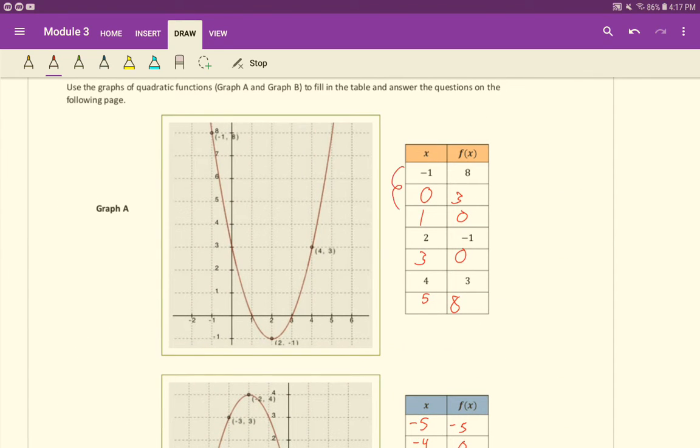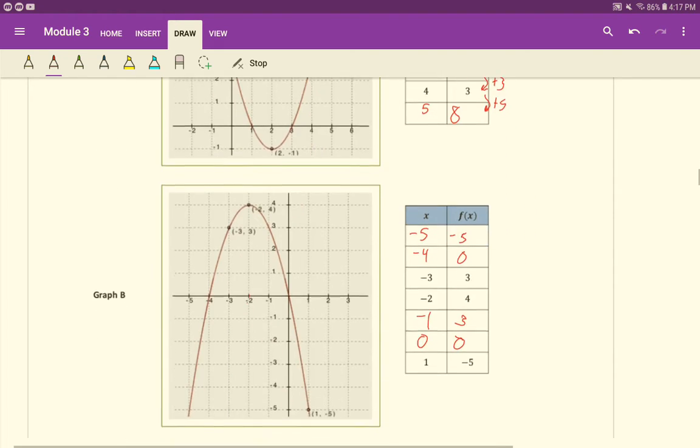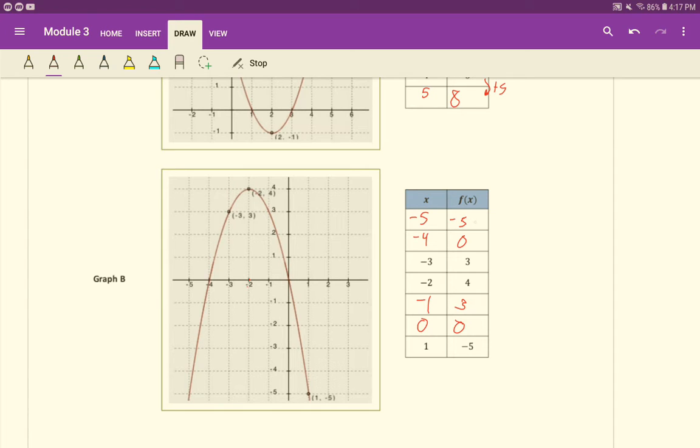Well, in each case here, we're going up by 1 every time, right? -1, 0, 1, 2, 3, 4, 5. And here we go down 5, down 3, down 1, up 1, up 3, up 5. So you can see here odd numbers. Let's try this one.